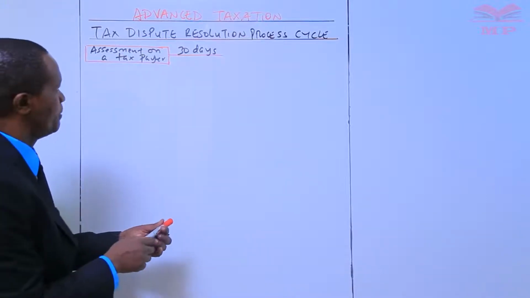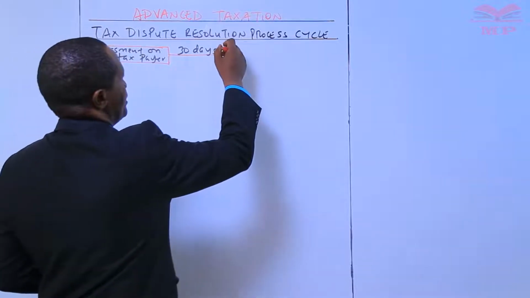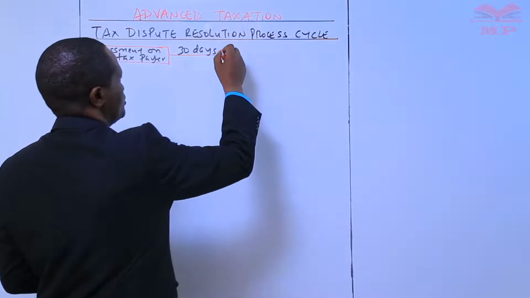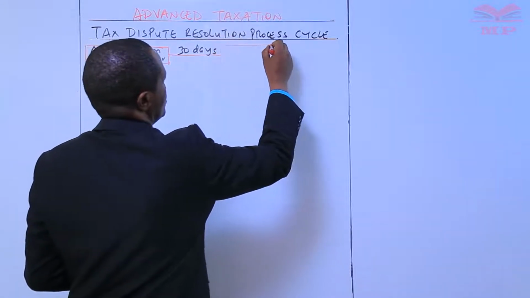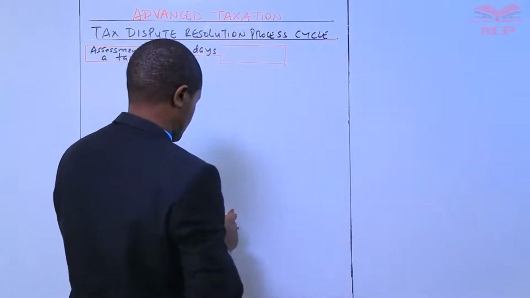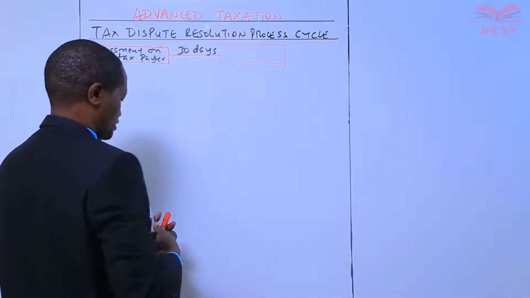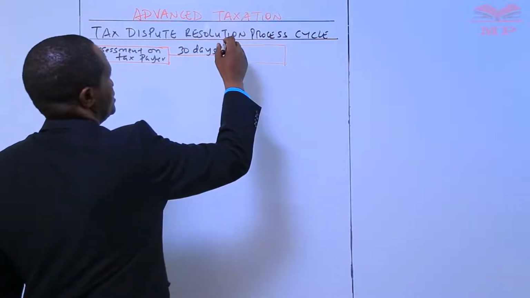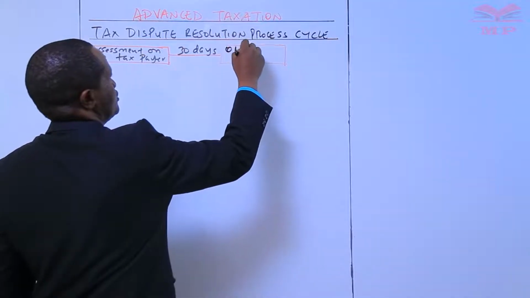Objection by the taxpayer within a period of 30 days.